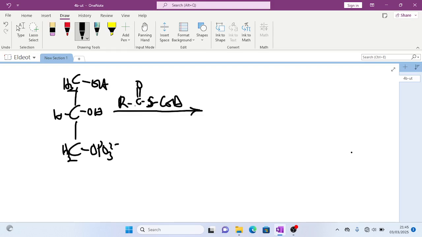So this is the acyl-CoA, and the enzyme that catalyzes the reaction is acyl transferase. Acyl transferase is going to esterify this first hydroxyl group to get this product.